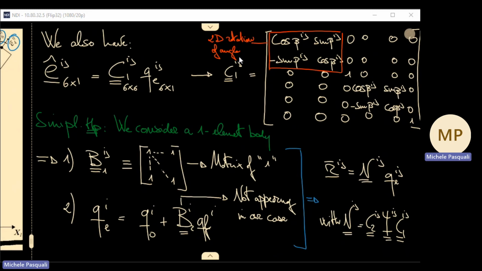B1 we don't put, because it's basically just a matrix full of ones.